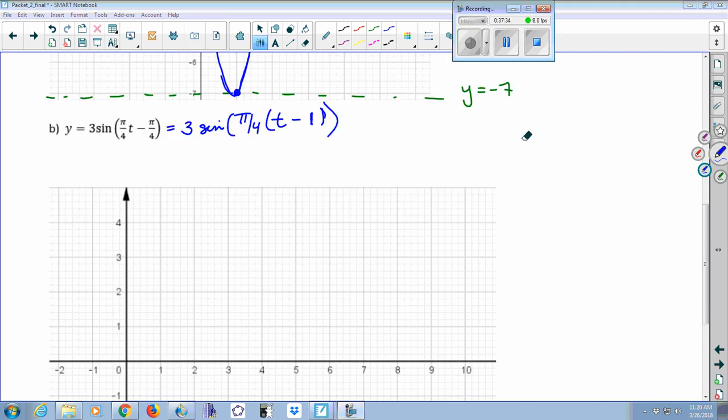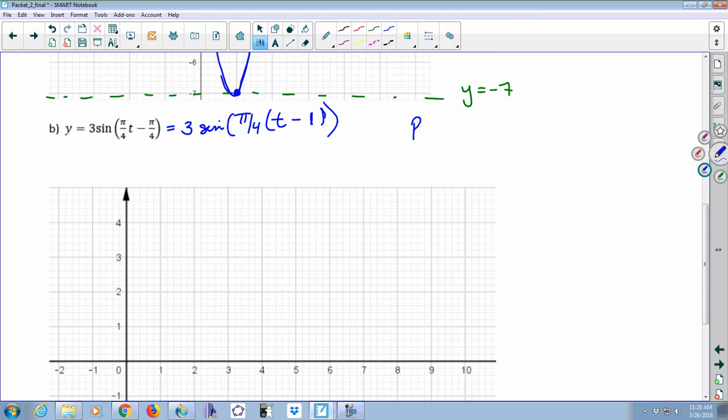Okay. So our period is 2 pi divided by pi over 4, which is the same as 2 pi times the reciprocal. So our period is 8. So I find all my quarter points by taking my period and dividing it by 4.